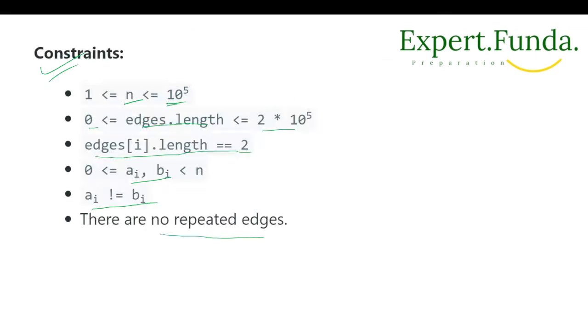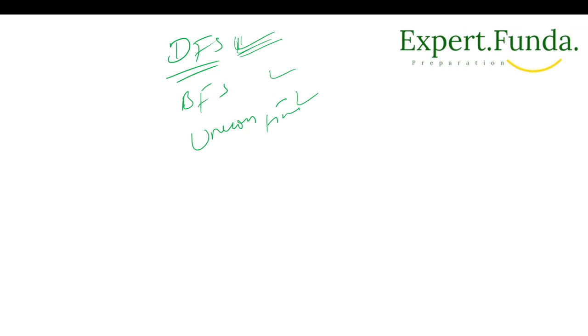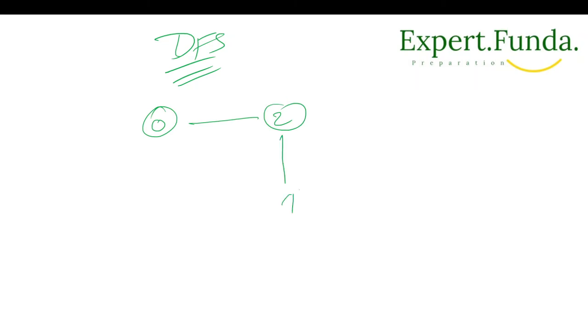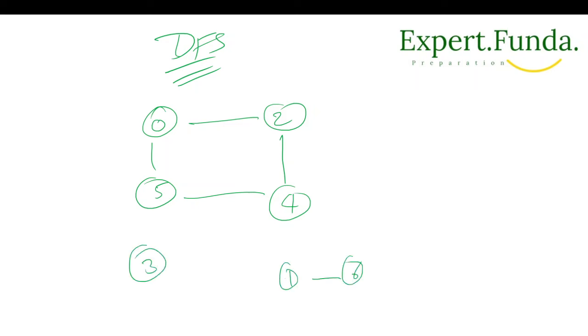So if we talk about depth first search, what should we do? Let's suppose initially we are given node 0, and node 2, which is connected with 4 and 5, as in the example we already saw. Another node is 3, and here 1 and 6 are connected.